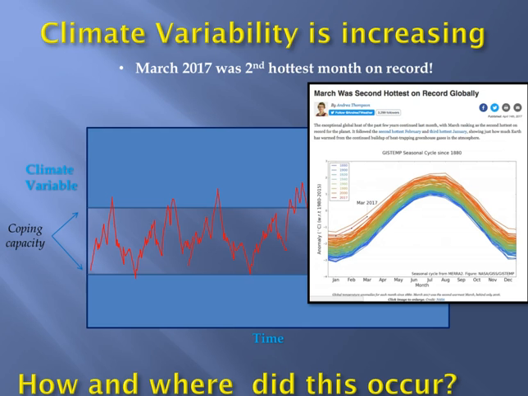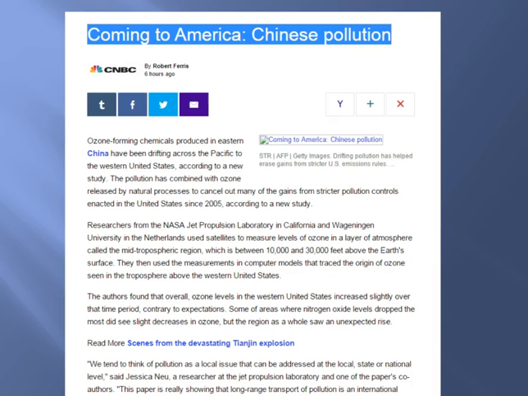Climate change is another huge challenge that's impacting the globe. March 2017 was our hottest month on record, and it seems that every month we're achieving record after record after record. It's getting hotter and hotter and hotter. How and where did this occur? Another challenge that is affecting the world and also affecting us is pollution.